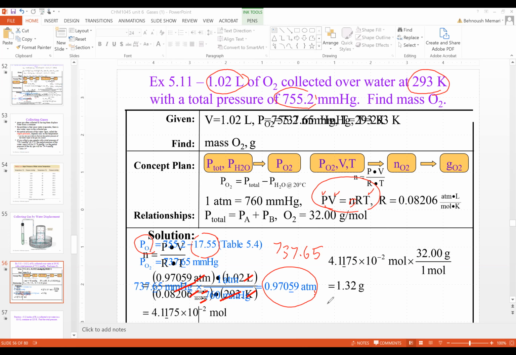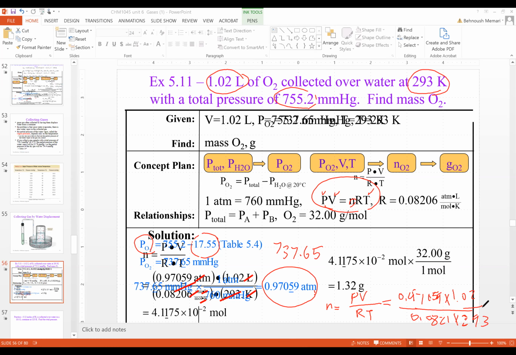So n equals PV over RT, and that equals the pressure, which is 0.97059 atm, times V, which is 1.02, divided by 0.0821 times 293.